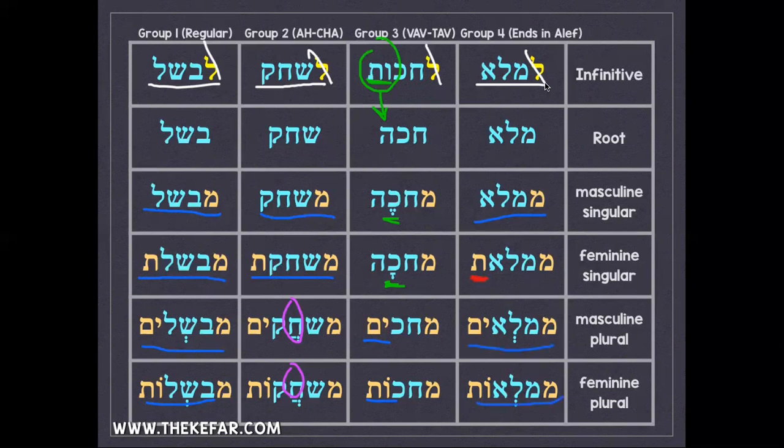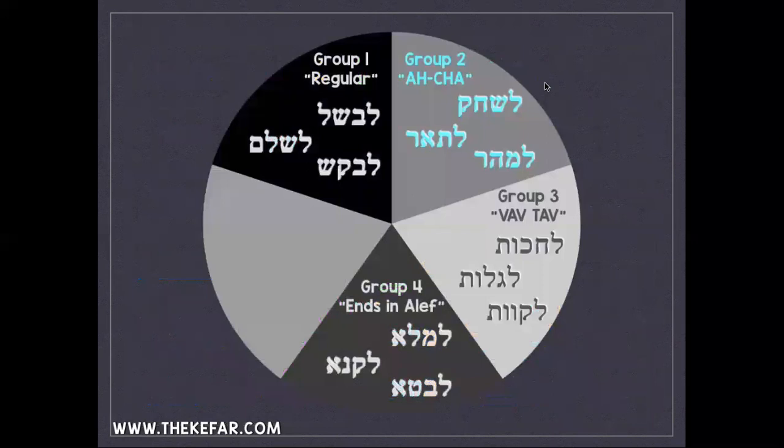All right, so now we are going to get into our new group. So far, you know that we've done our regular groups, levashel, levakesh, leshalem. Then we did our acha, PL verbs, and their verbs where the middle letter of the shoresh is an aleph, hey, chet, or ayin. So for instance, lesachek, letaer, lemaher.